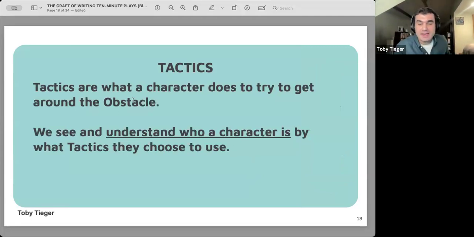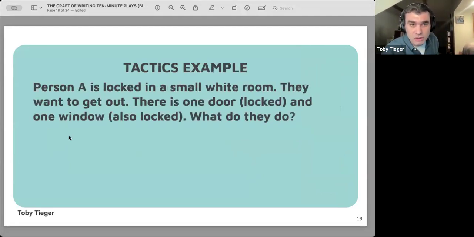So tactics are what a character does to try to get around the obstacle. We see and understand who a character is by the tactics that they choose to use. This is a little bit weird, but try to bear with me. So if you have a story where a person is locked in a small white room and they want to get out, we're back to that same one.